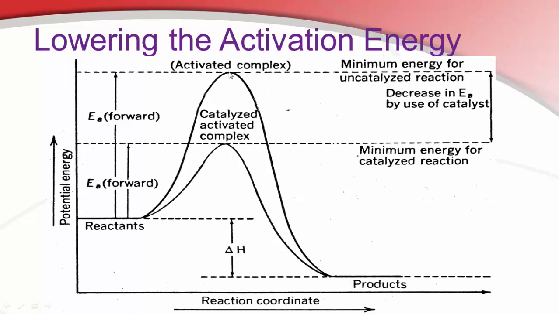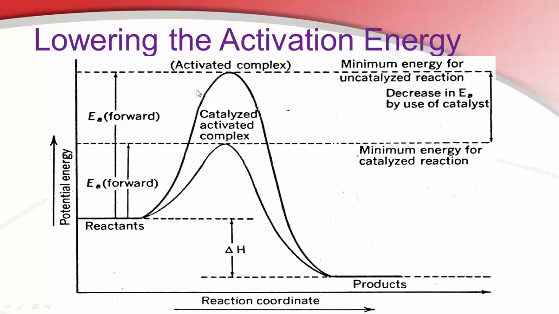The activated complex requires a great deal of energy to be put in before that complex can be generated. So this is the minimum energy of our collisions that's required for the uncatalyzed reaction.